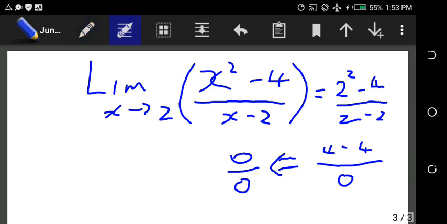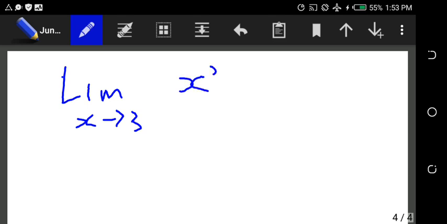Okay, let me also give you an example. Let's say we want to take the limit of x as it approaches 3 in the function x squared minus 9 over x minus 3.